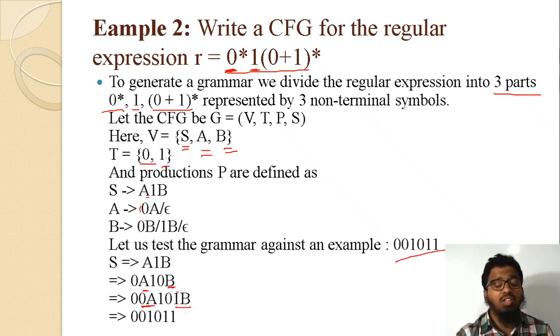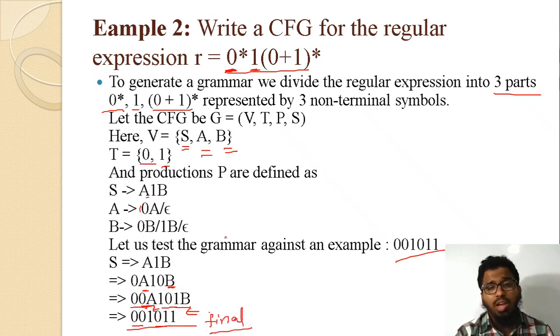At the last we want 1, so because of that we have taken 1B. In place of A, we have taken epsilon. In place of B, we have taken epsilon. So this is A, 1, 0, 1, and in place of this B, I can write 1B, B is epsilon. So just I am adding 1. So this is the final answer.